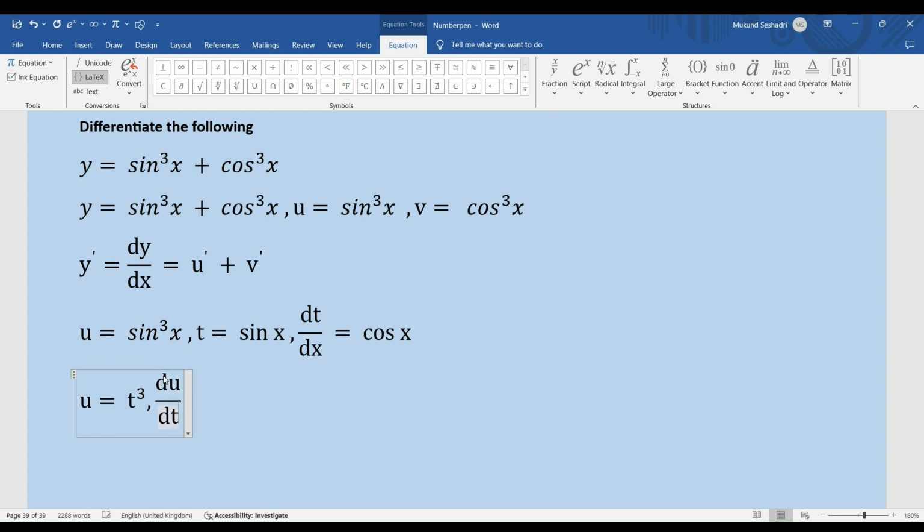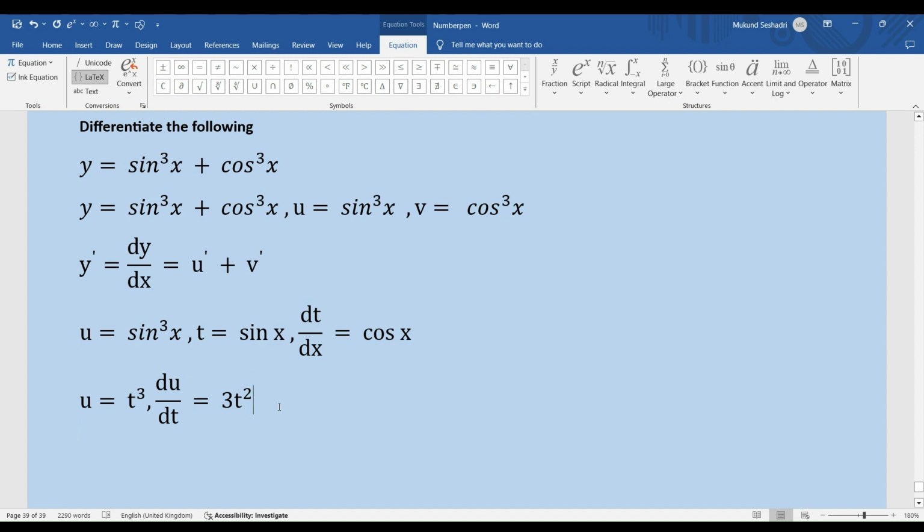So my du by dt becomes equal to d by dt of t cube, which is nothing but 3t square, right? And drawing your attention to the formula, d by dx of x to the power n equals n into x to the power n minus 1, right? Therefore, we have du by dt as 3t square, right?